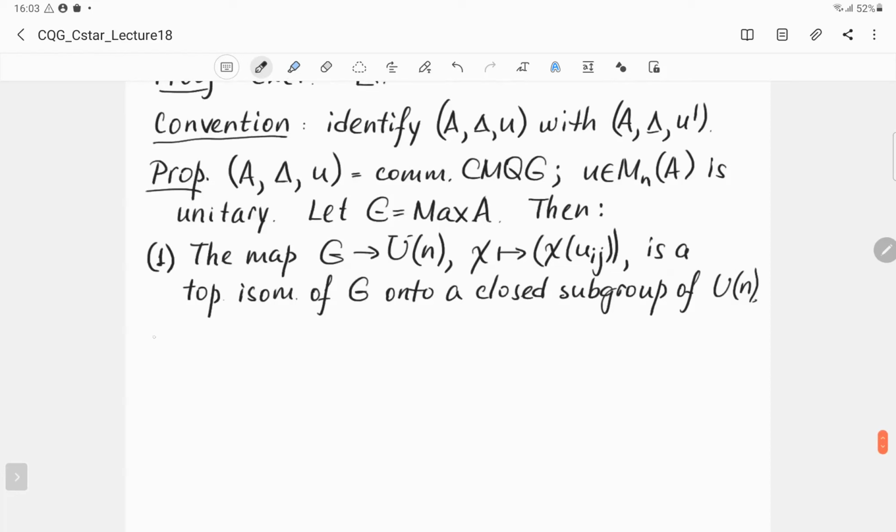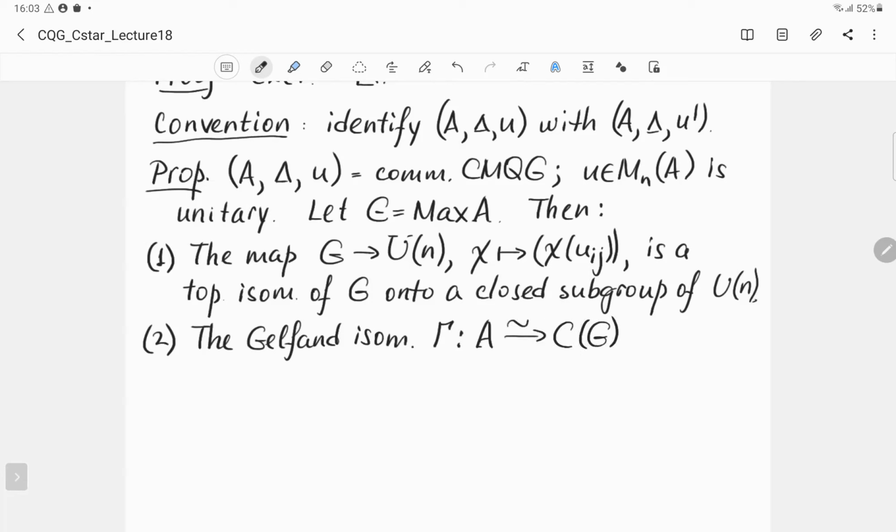And second, if we look at the Gelfand isomorphism, we already know that this is an isomorphism of compact quantum groups. It takes A to C(G). So I claim that this isomorphism satisfies the following property.